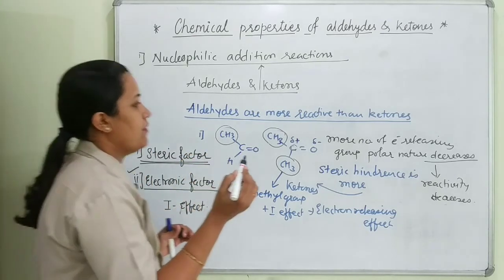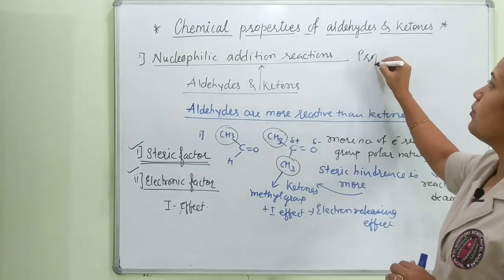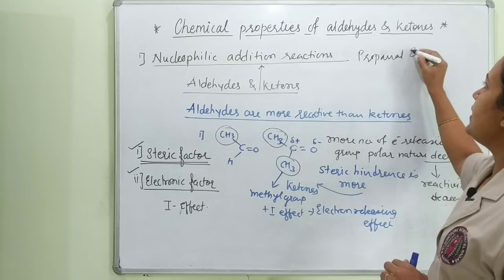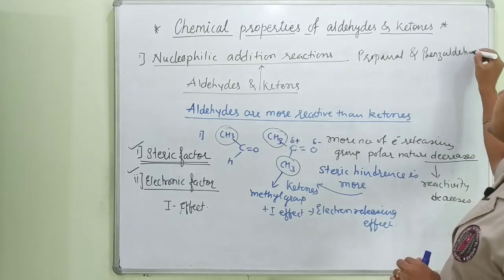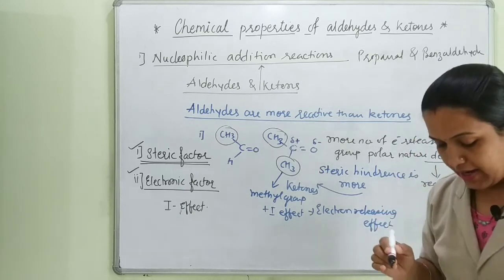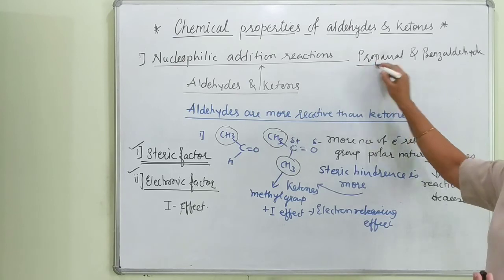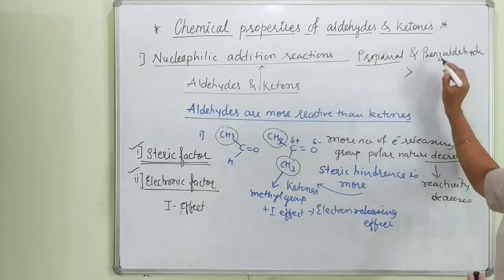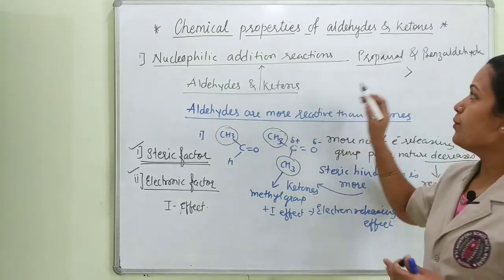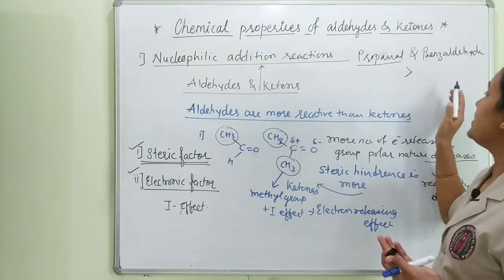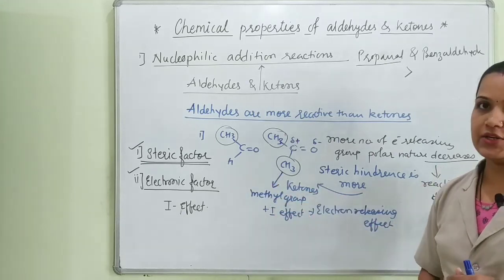Now if I have the example of propanal and benzaldehyde, I will say that propanal is more reactive than benzaldehyde. What reason can I give? Due to the presence of steric factor as well as electronic factor.